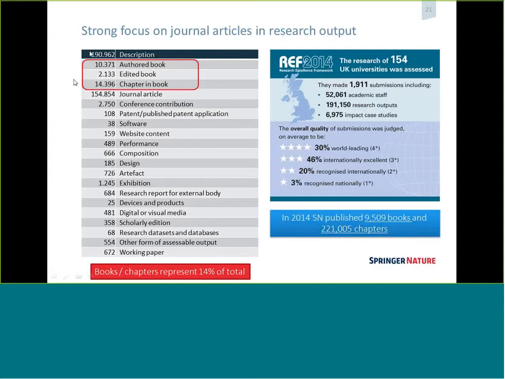And so you see here that for the research output of all of the UK in the year 2014, only a small portion was in books and chapters, only 14% of the total. Whereas if we look at Springer Nature, in 2014, we published more than 10,000 books and 200,000 chapters. So even though there are chapters published, they weren't listed for the research output of the UK.